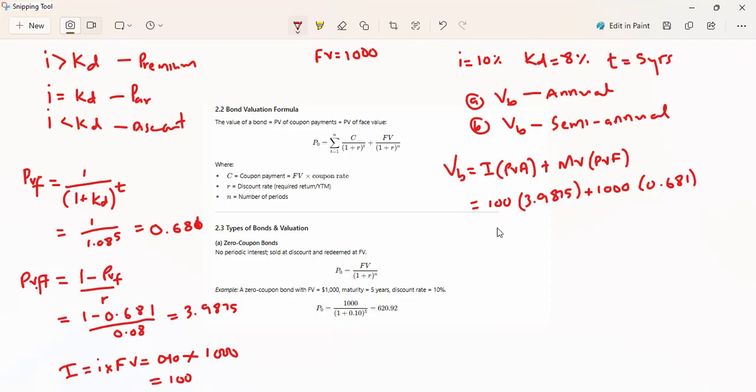So what do we get as our final answer? 1,079. Sorry, 1,079.75. So this is the value of the bond.